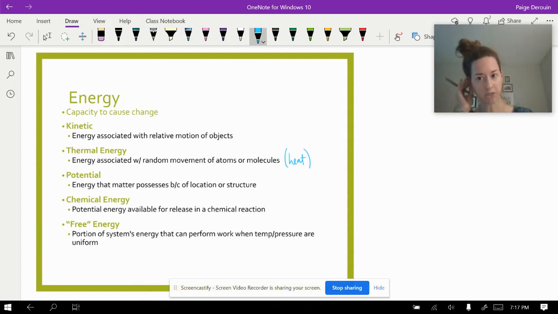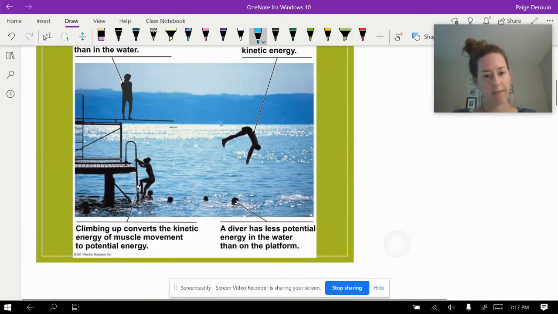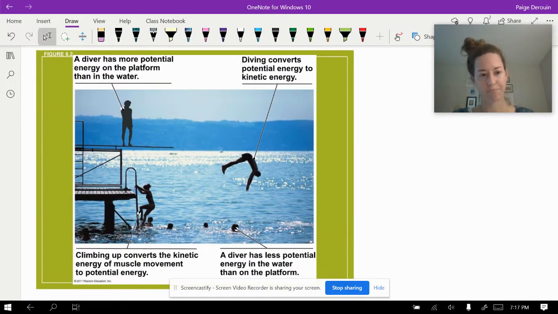And then free energy, which I talked about related to enzymes, is the energy that is available to do work. So if you are a physics student, you're very familiar with what work means.